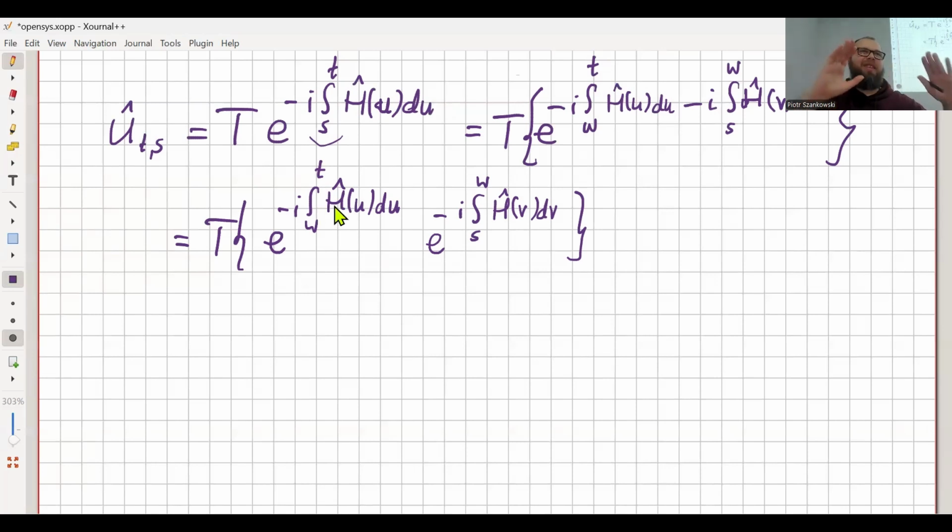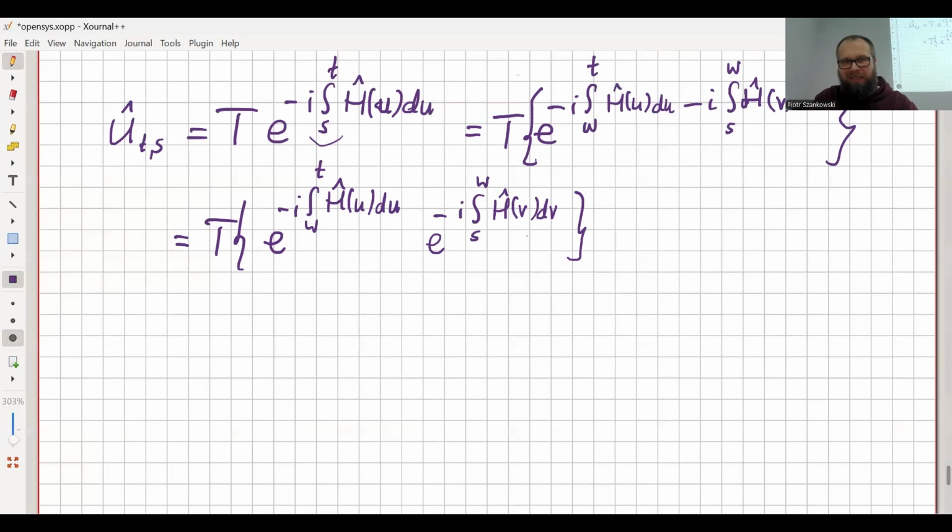In other words, the time ordering won't have to mix them up. All it has to do is to work independently on these operators and independently on those, because guys from here will always be in front of guys from there.